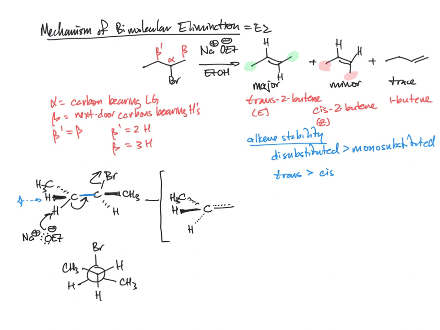We're partially forming a pi bond. And this bond is partially breaking as well. So that's our transition state. Again, this is developing a negative charge. We're partially forming that OH bond.